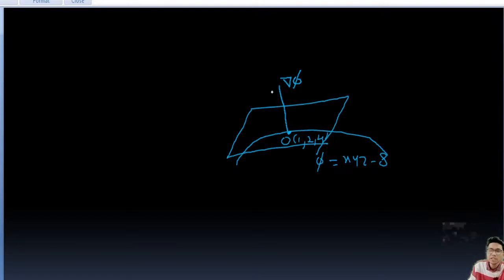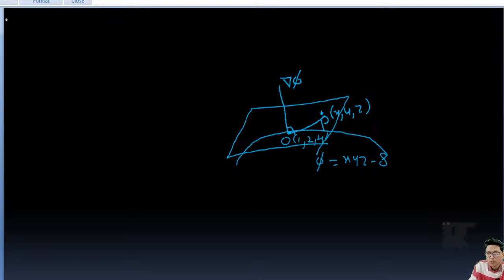The physical meaning of gradient phi is the vector which is normal to the level surface. At any point in the plane, say x, y, z, we have taken any point P in the plane. So clearly this angle is 90 degrees.